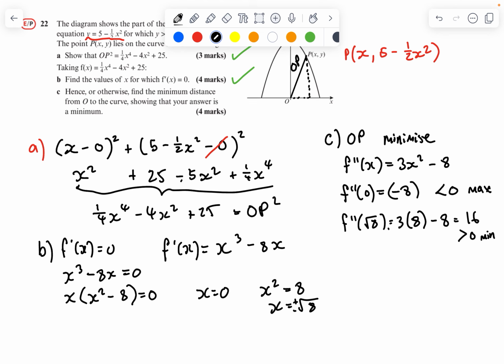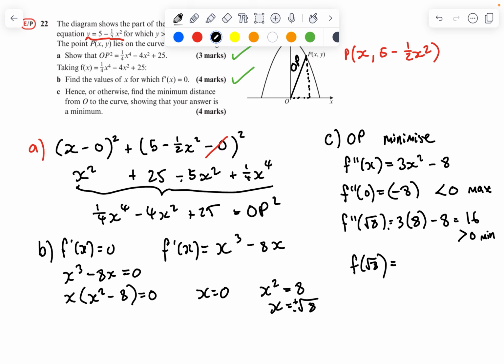So now I know that that's my minimum, but I've got to find the distance. That means I need to work out what OP is. If I want to work out OP, I need to substitute into my original function, f of the square root of 8.